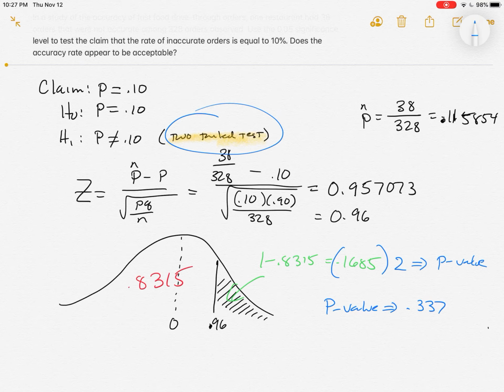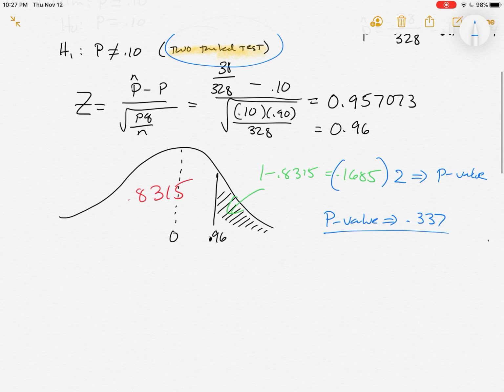Excellent, great work. But that's our p-value. Now, that's not the end of our problem. The way the p-value method works is you find this p-value. Remember how we did that? We found the test statistic, we plotted it, and we found the tail area. Now, we would take the tail area if it was a one-tailed test, but it's two-tailed, so we have to double it. And we double it to get 0.337. And you'll watch us do other ones in just a moment.